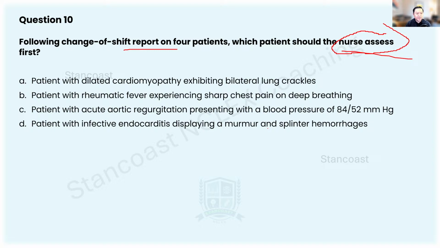Okay. So letter A, let's rationalize letter A. Patient with dilated cardiomyopathy exhibiting bilateral lung crackles. What do you think about the first option? Dilated cardiomyopathy. So what is this?